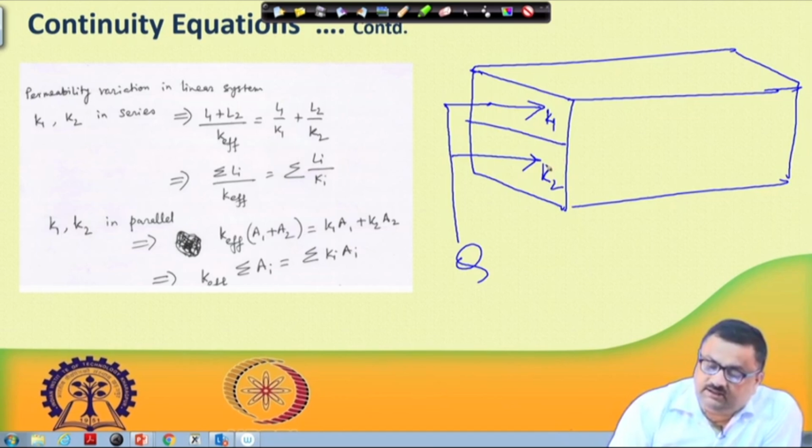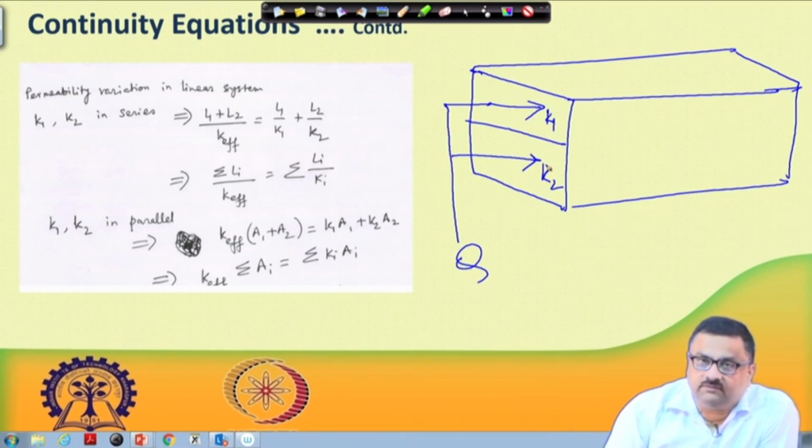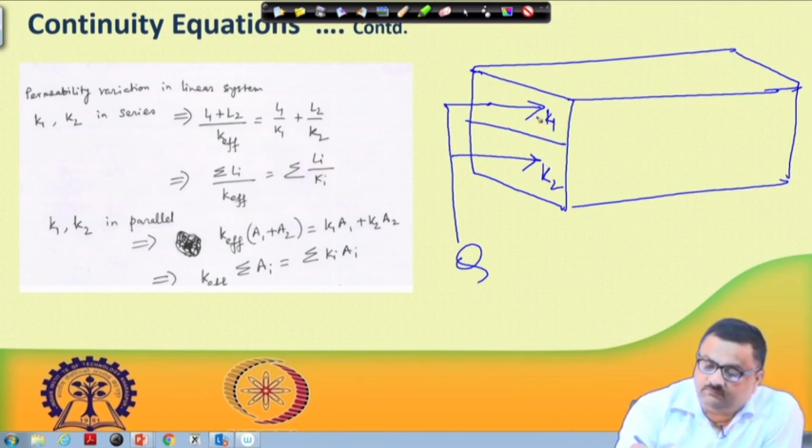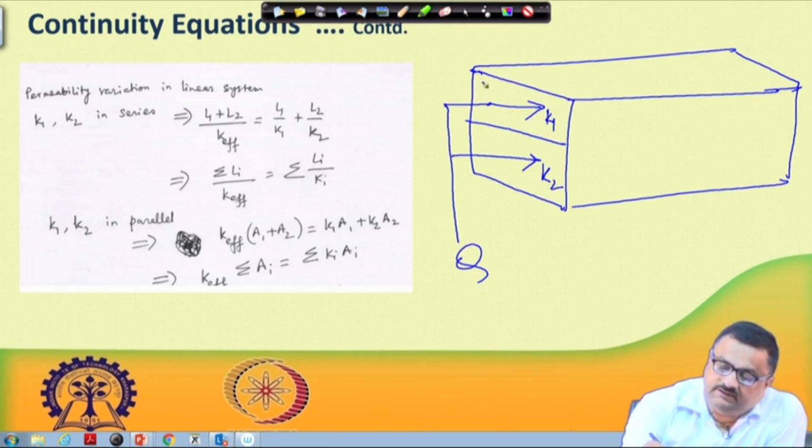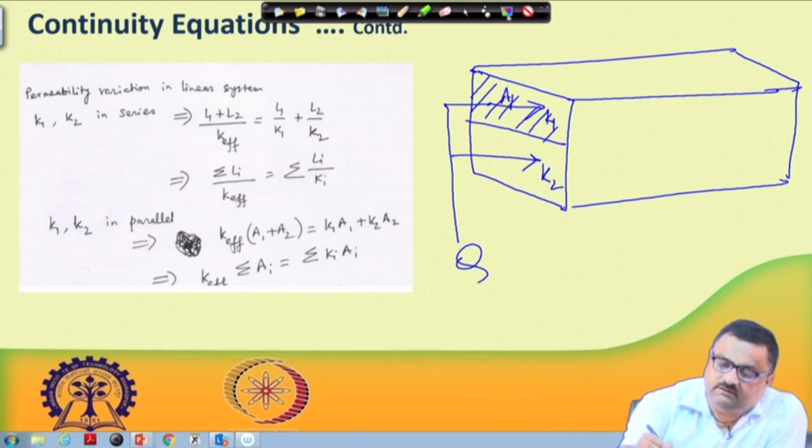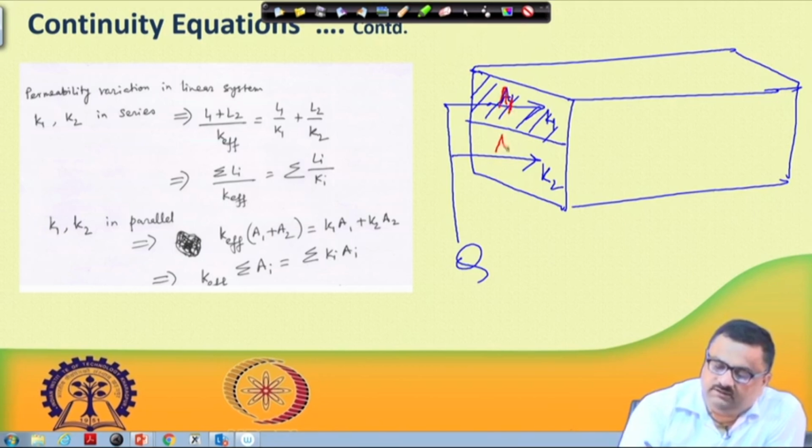Then you can write the velocity in the upper part. Now, let us say this particular area is A1, and this area is A2.